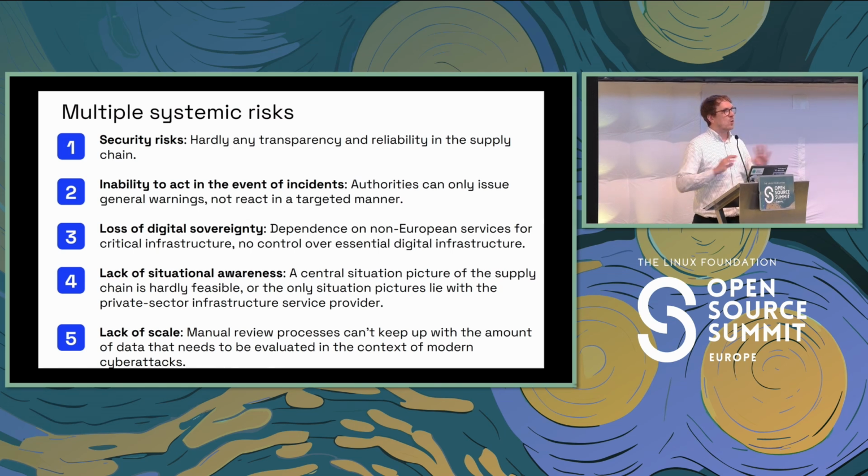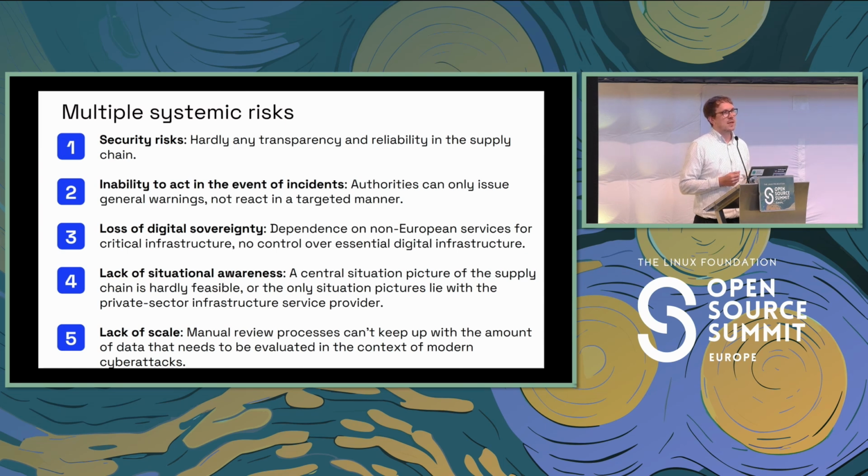So there are multiple systemic risks working with cloud-based container toolings in the public sector. It's around transparency and the reliability of this supply chain. We need to act in cases of incidents, so not just writing a newsletter or a press statement if an incident happens. We need to provide the specific metadata to the projects which are running specific versions of dependencies with risk.